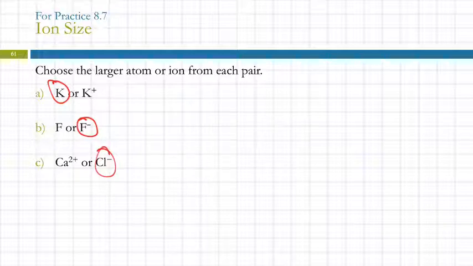The chloride. Chloride's going to be bigger. We've added electrons. The effective nuclear charge is smaller. Calcium has 20 protons. Chlorine has 17 protons. They've got the same number of electrons. This has a lower effective nuclear charge, that means the electrons are not held as tightly, and so they kind of roam a little further away, and that ion gets bigger.